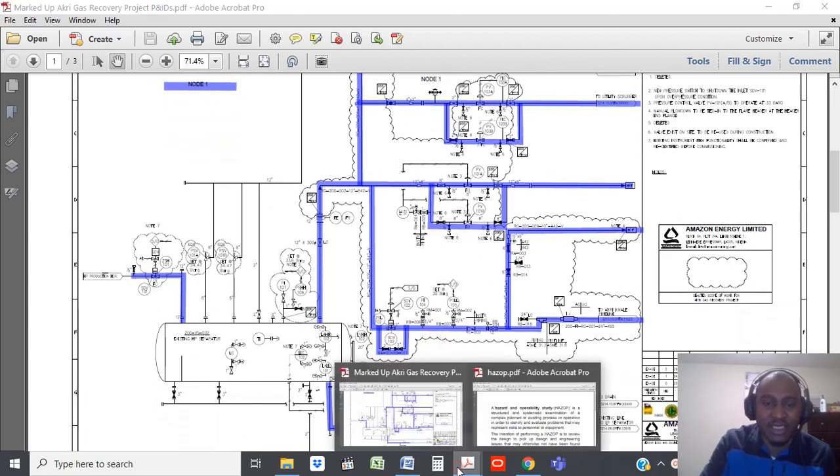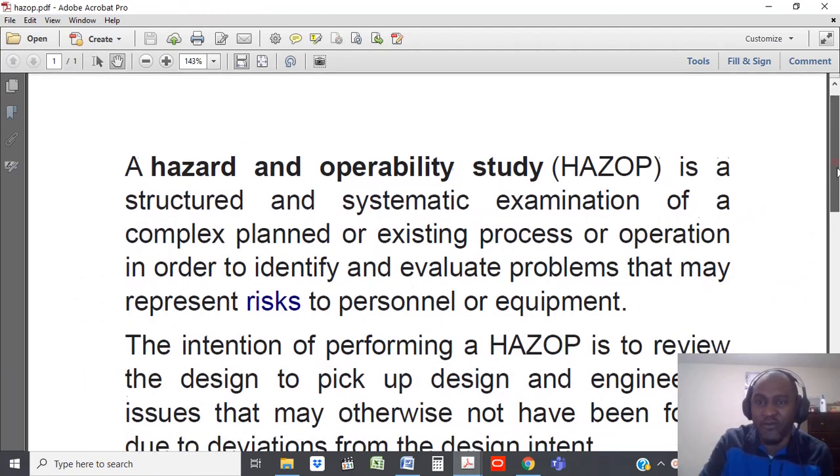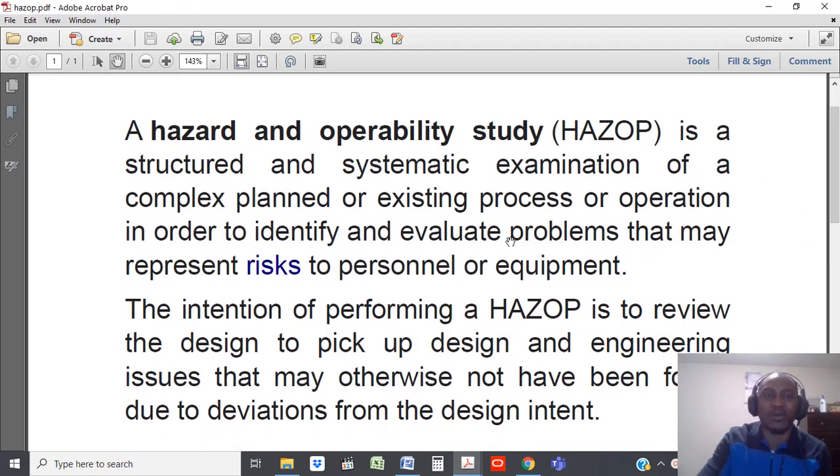Now, let me just give a brief description. What is a HAZOP? A HAZOP is a short form. It's actually called a hazard and operability study. It's a structured and systematic examination of a complex, planned, or existing process or operation in order to identify and evaluate problems that may represent risks to personnel or equipment.